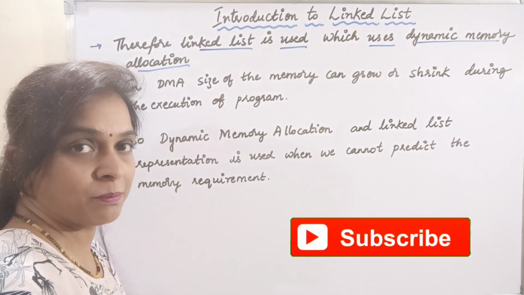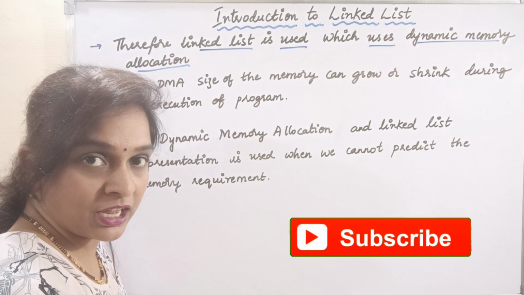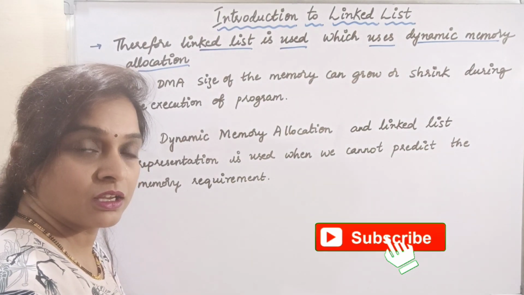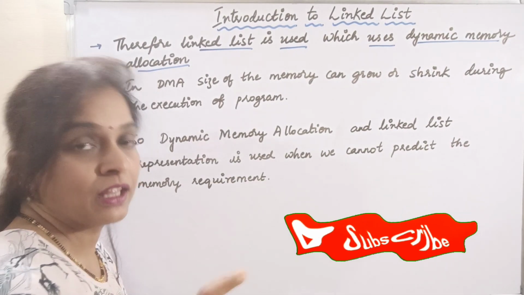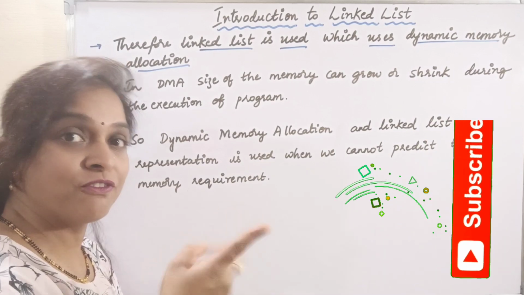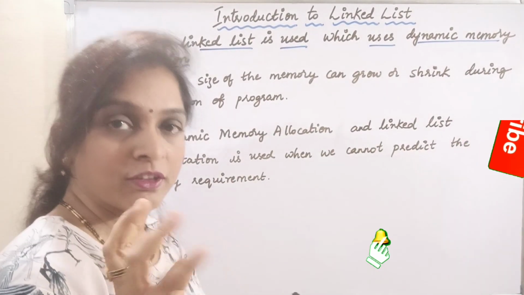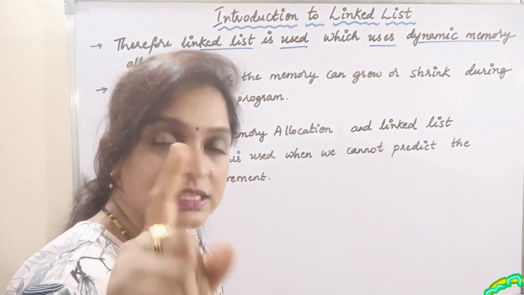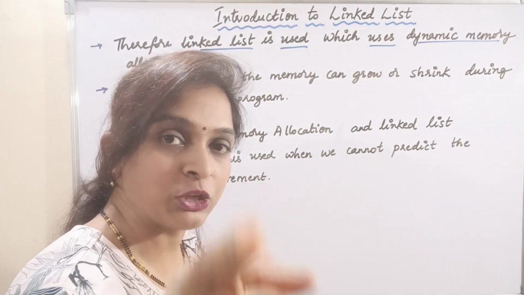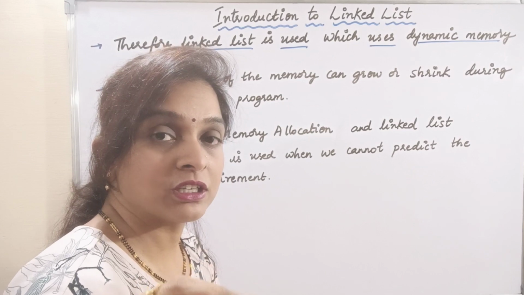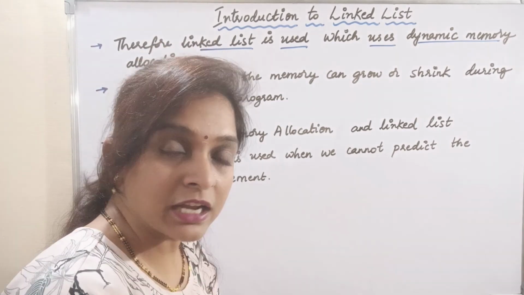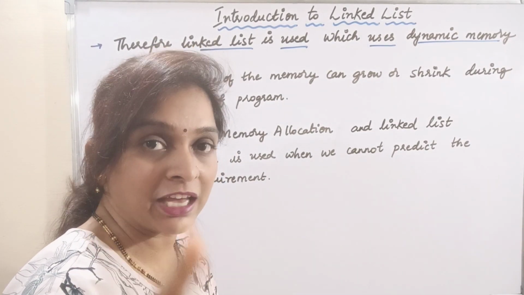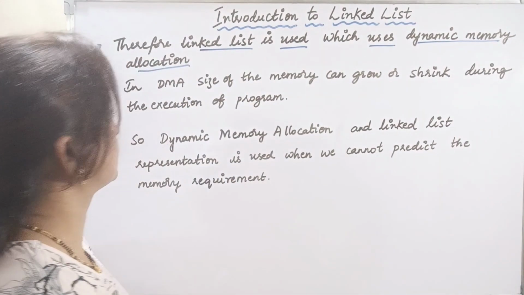In the static way, it can be represented using a one-dimensional array, and if it is the dynamic way, then it has to take the help of a linked list. So if stacks and queues are represented using static memory allocation, then it uses a 1D array. But if it has to go with dynamic allocation, then it has to take the help of a linked list.